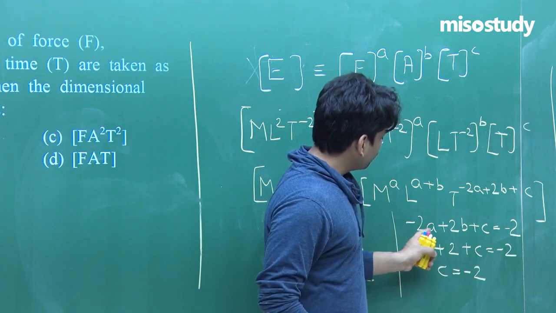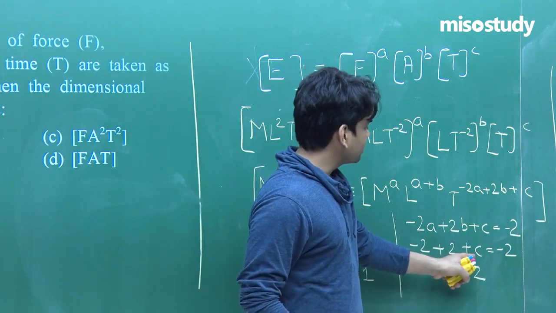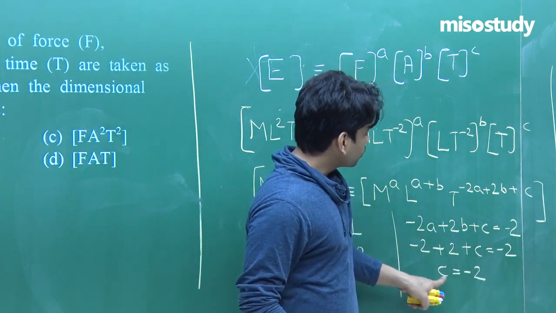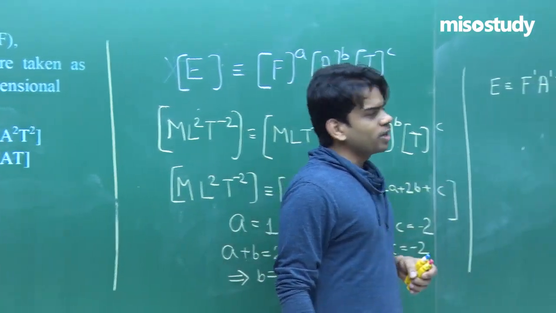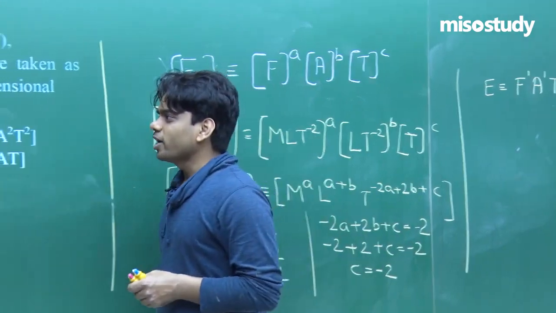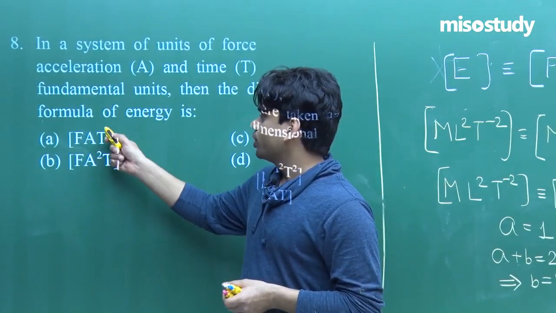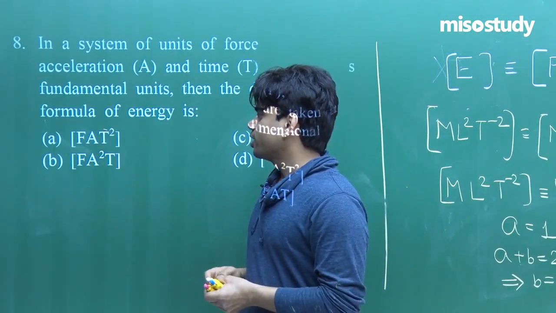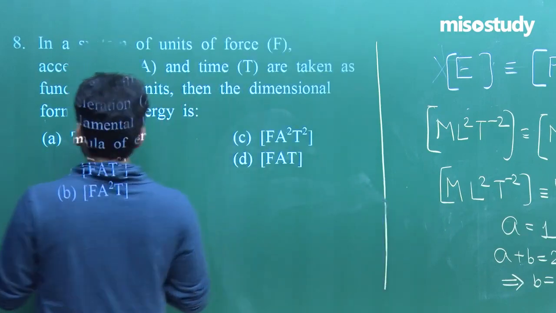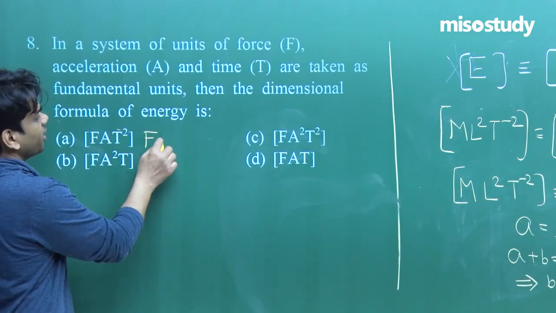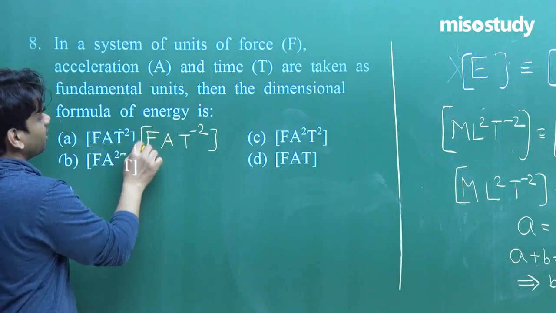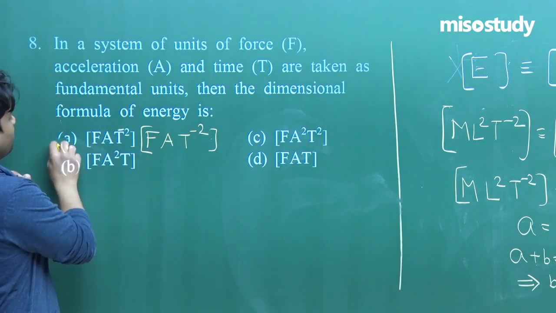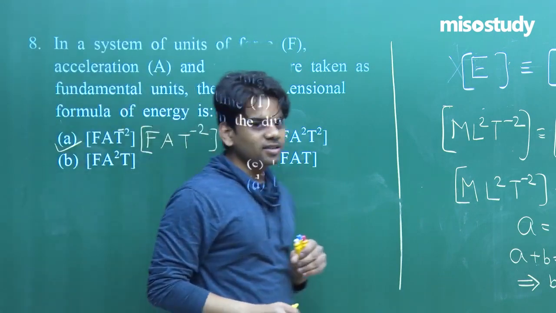Minus 2a, that's 2 into 1, minus 2, this is okay, and c is also equal to 2 after correction. So let's write F a t to the power 2. So only we have to change an option, it will be F a t to the power 2 here. Just make one correction here. So let me go ahead and write down this as F a t to the power 2. This will be the right answer. Just one minus sign may be missed here. So this is the right answer for this one.